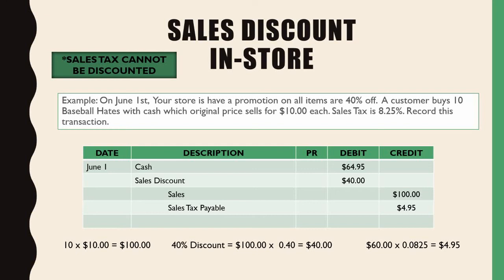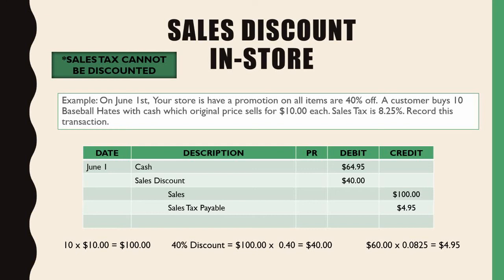I feel like my brain's not working right now, because you're saying sales tax cannot be discounted, but we just took it off of the discounted price. We took off the discounted price, correct. What I'm trying to say is, for example, let's say my tax is $108.